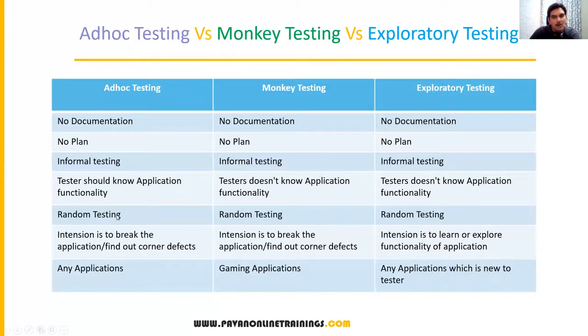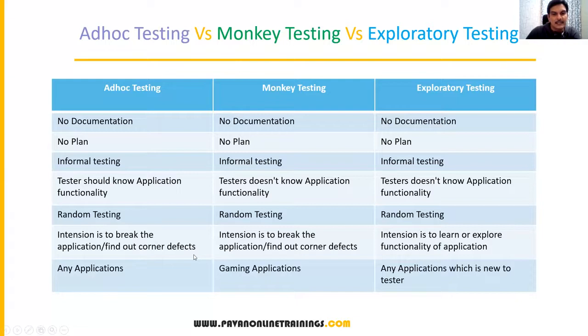Now, all three are random testing. Why say random? It means there is no order we need to follow. Randomly you can choose any functionalities and test them in all three kinds of testing. Now, the intention is to break the application or find out the corner defects.